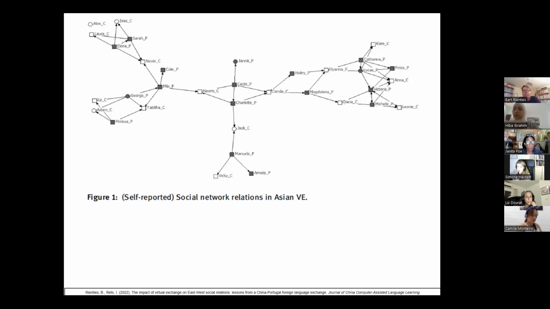So what you can see is that the dark shaded colors are basically participants from Portugal, and the light shaded people are the people from China. And you can see also in terms of gender, the shape, whether it's a male or female.